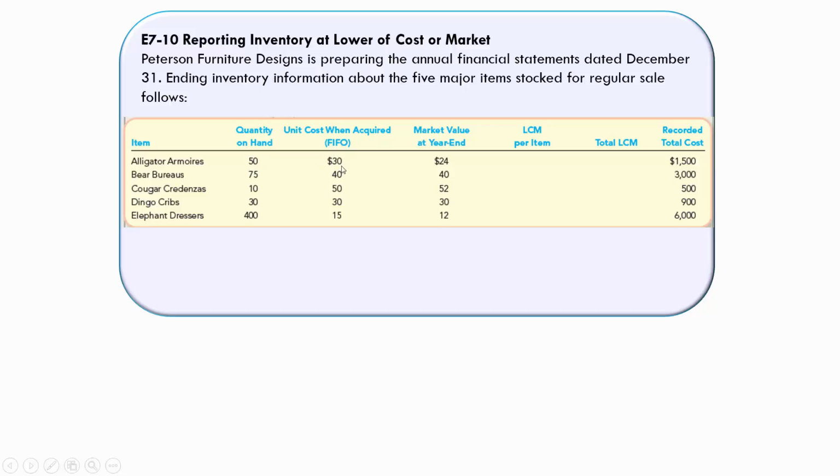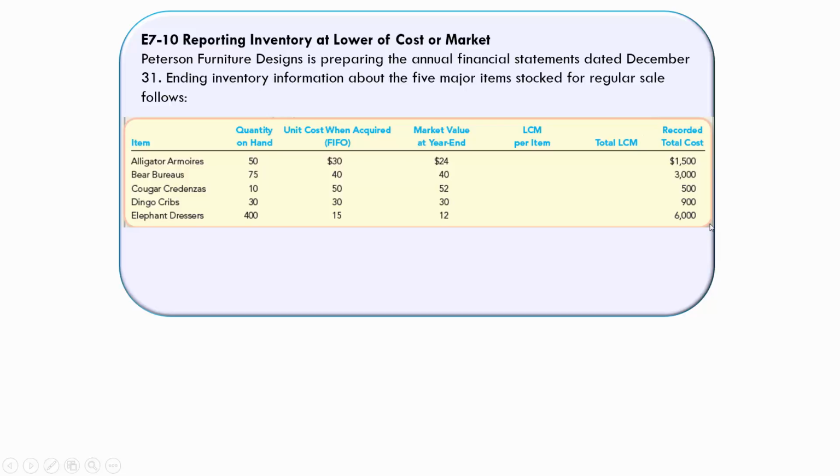They took it times this to get this valuation, etc., and calculating across to get these numbers. This is their total inventory, or their inventory asset in the current asset section of their balance sheet before they do the lower of cost or market rule.